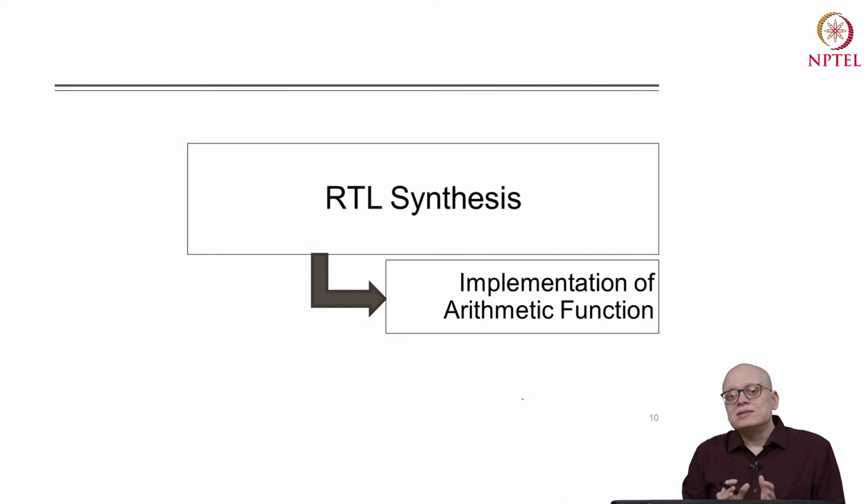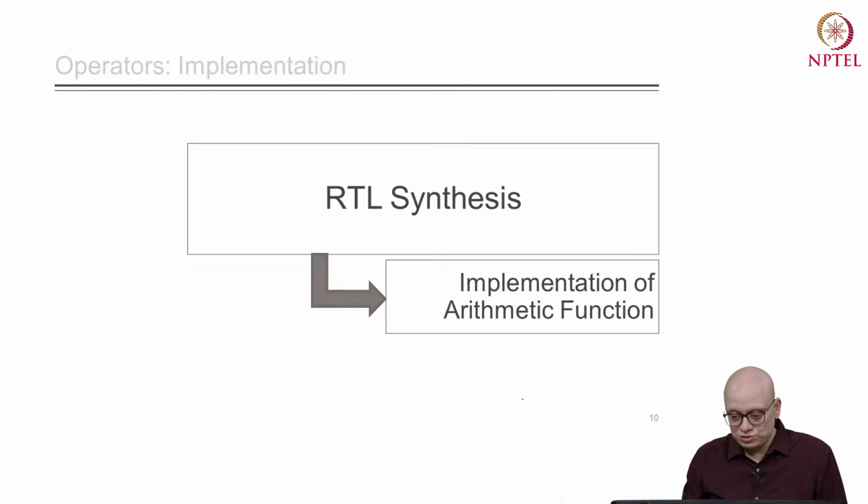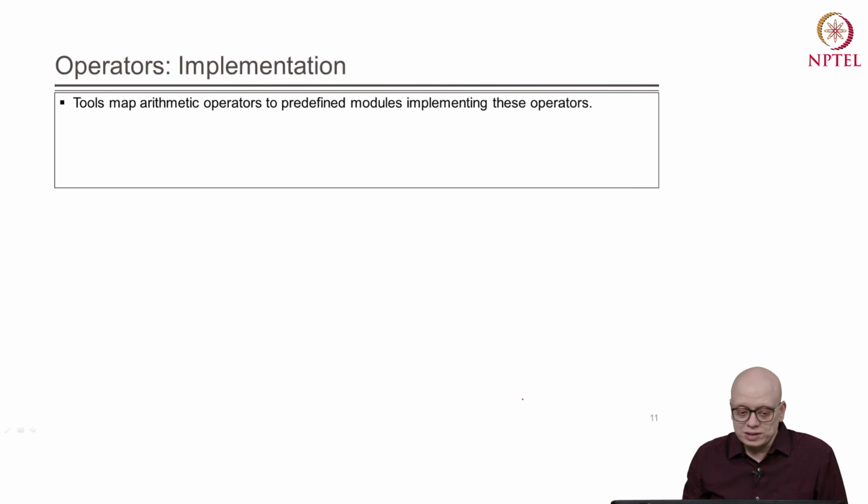Now, once optimization is done at the operator level, the tool will implement those arithmetic operators using some predefined modules. The tool maps arithmetic operators to predefined modules implementing those operators.